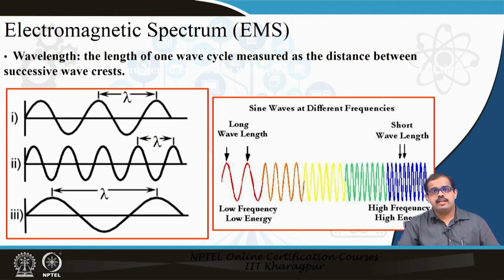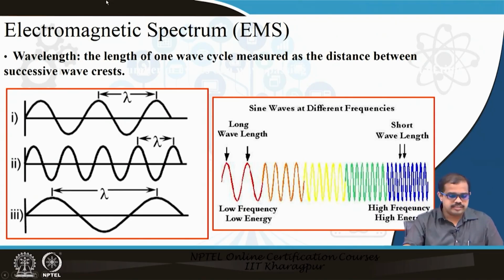A very important aspect that you have to look at here is, first, the electromagnetic spectrum. I hope many of you would have learned what an electromagnetic spectrum is: the electrical field and magnetic field propagating at 90 degrees to each other. Let us say this is the wave that is propagating.